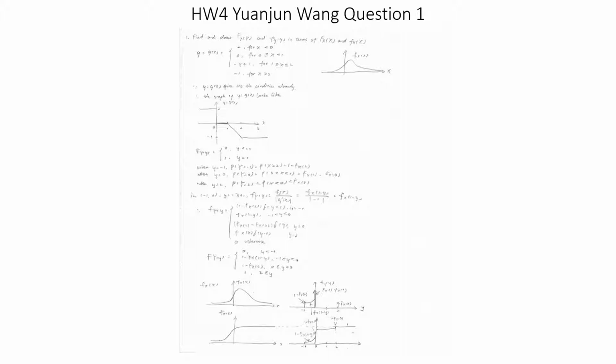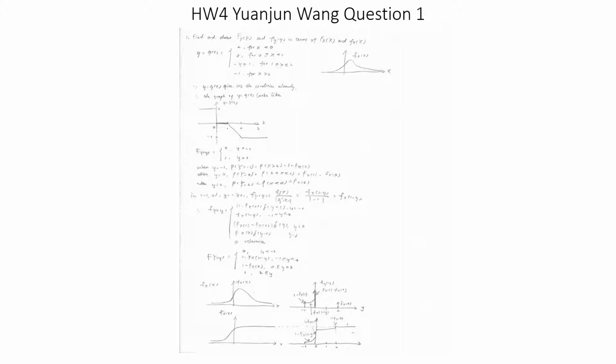So fy of y is equal to 1 minus Fx of 2 times the delta of y plus 1 when y equals negative 1, and then equals Fx of 1 minus y when y is between negative 1 and 0.